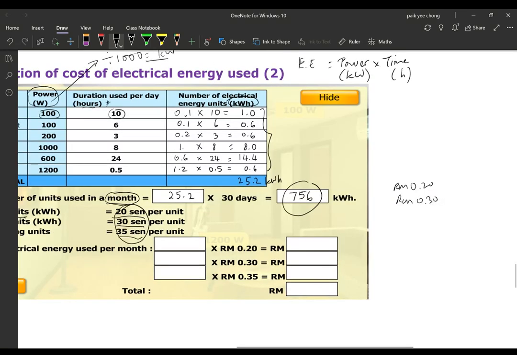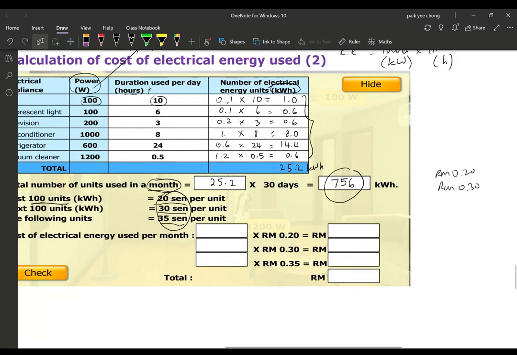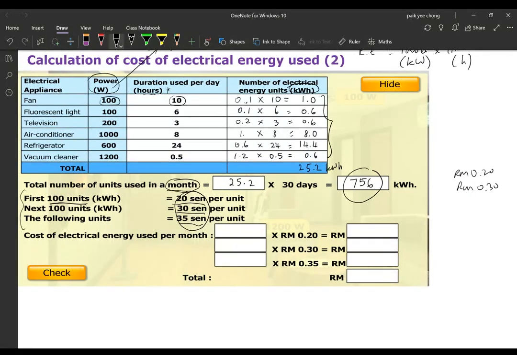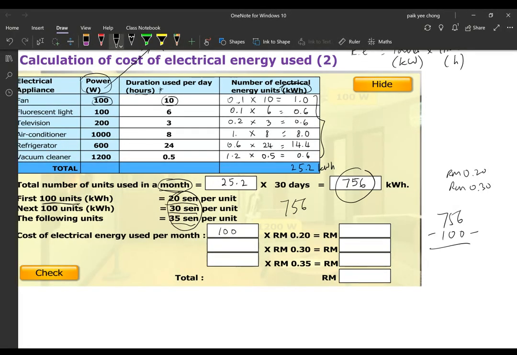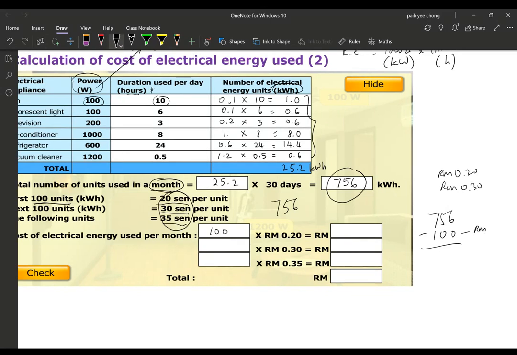Let's look at the calculation here. You are using 756 kilowatt hour. The first 100, take out 100 from 756. This 100 we calculate at 20 cents, so 100 times 0.2, you get 20 ringgit.